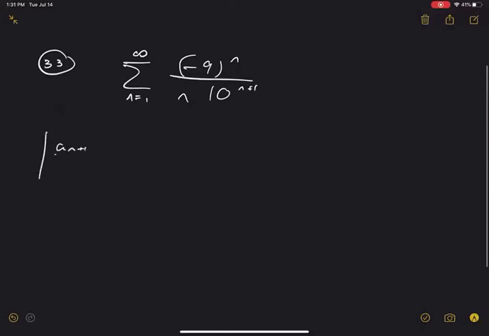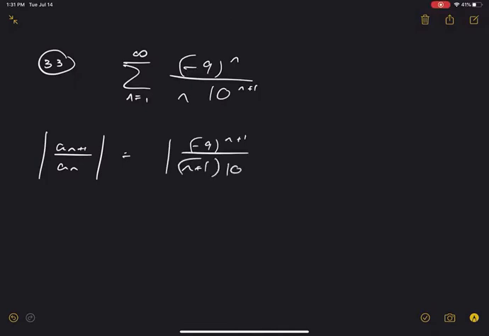First I need to figure out what a_{n+1} over a_n is. For this particular series, a_{n+1} will be negative 9 to the n plus 1 over n plus 1, 10, and then this becomes n plus 2. Then I need to divide by a_n, which means multiplying by the reciprocal.